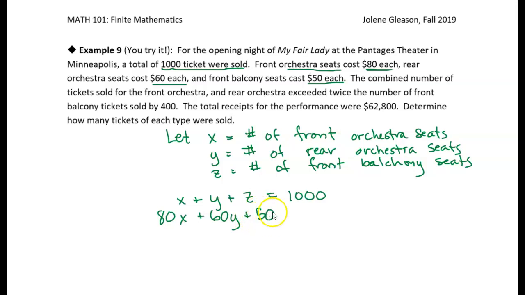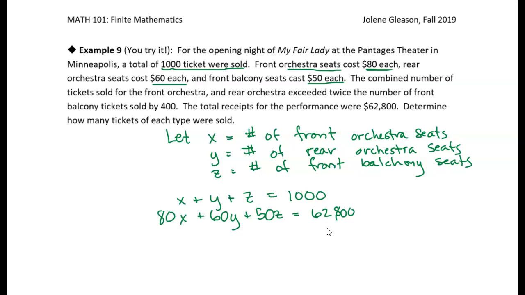So 50 times the number of the front balcony seats will tell me how much total revenue I got from those front balcony seats. And I know the total receipts was $62,800. All right, so there's two equations.